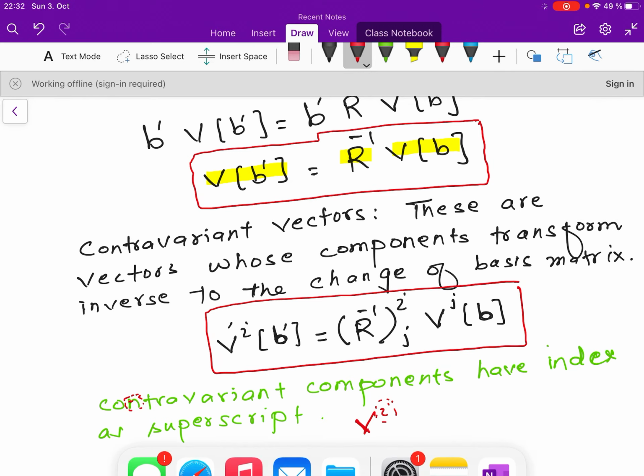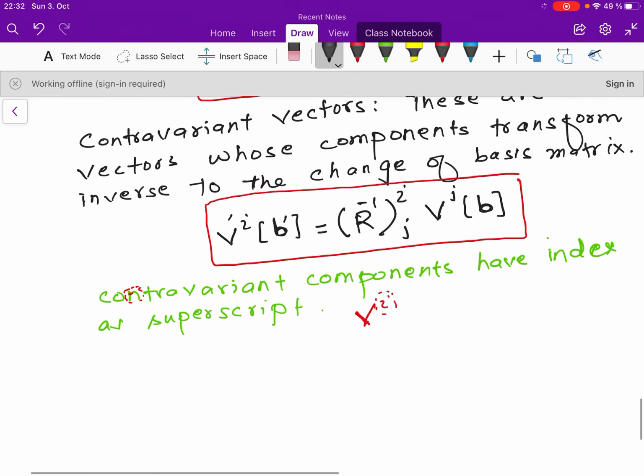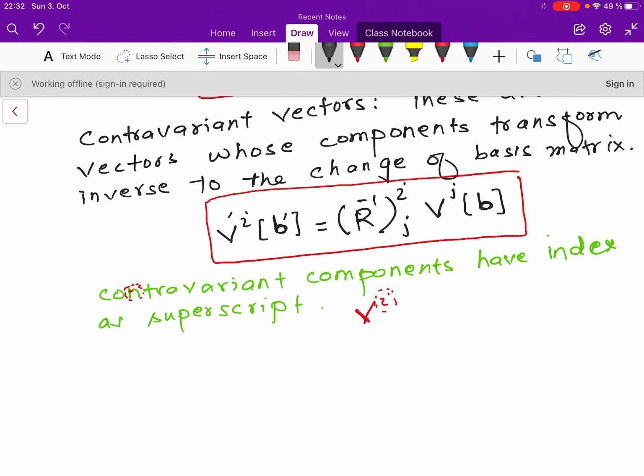Okay. So all those things which transform inverse to the change of basis matrix, those will be called contravariant vectors or contravariant tensors, but we will go to the tensors at the end. Now, what are the examples of contravariant tensors?